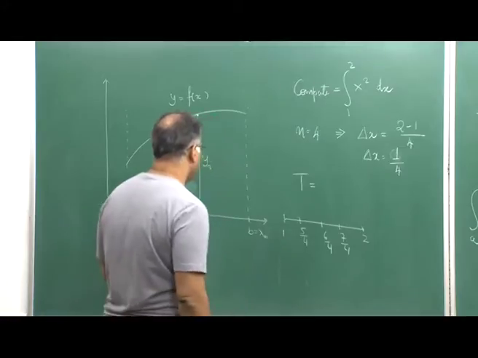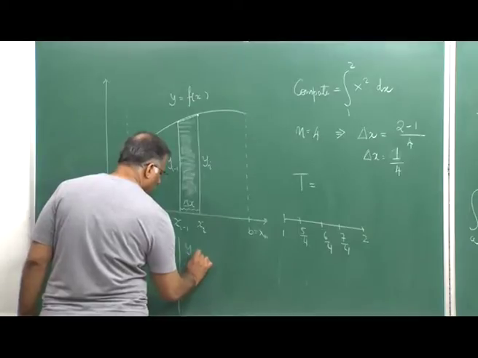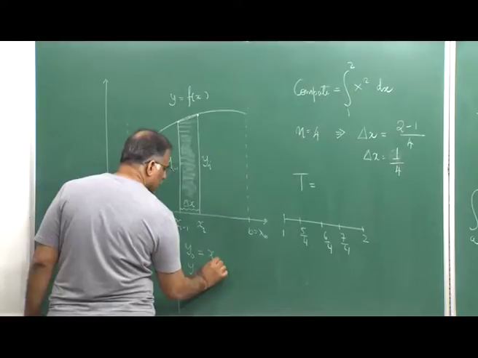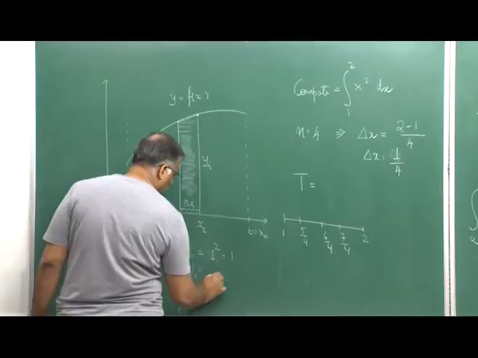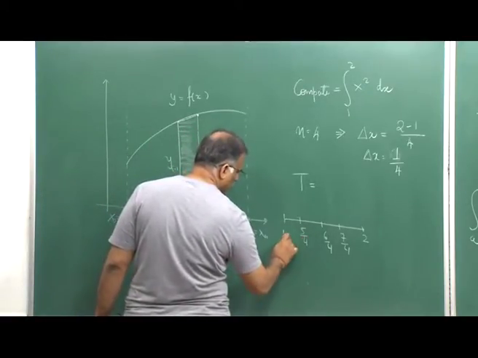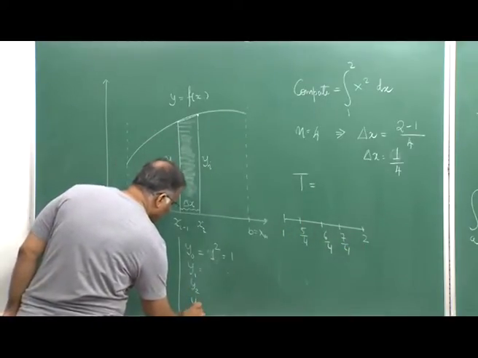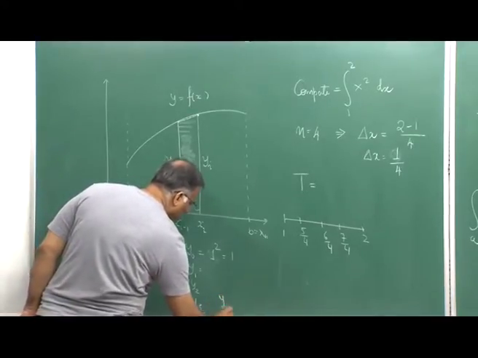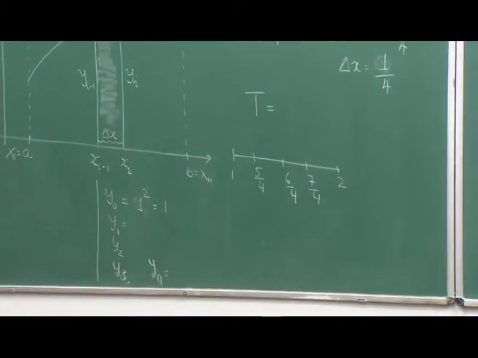So, basically what you have to do is know what y0 is, what y1 is. What is y0? It is the function at x0, that is 1 squared, then y1, and also y2. So, you have to know y0, y1, y2, y3, y4. These points have to be calculated. I am not calculating them here, I am assuming that such a calculation can be done, you can easily do it yourself.